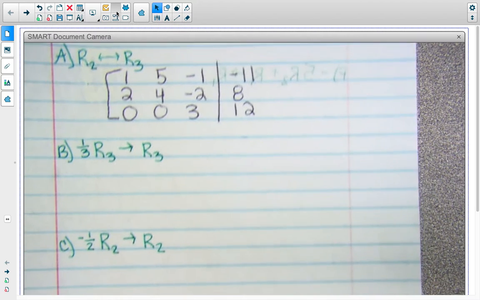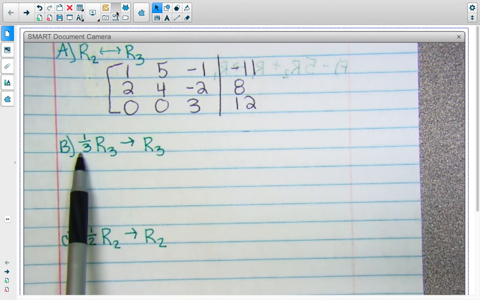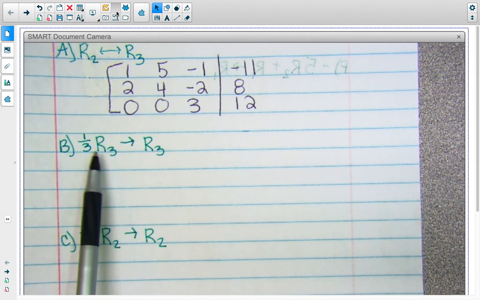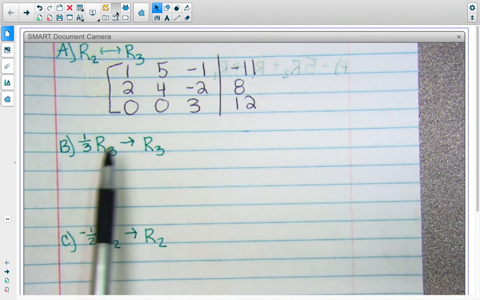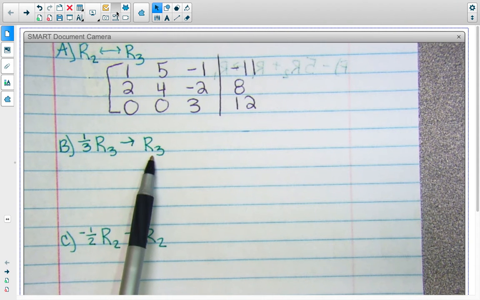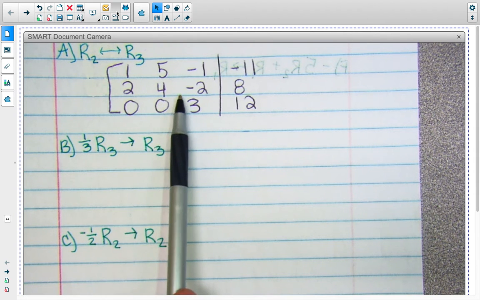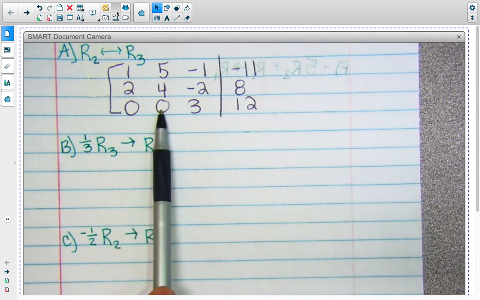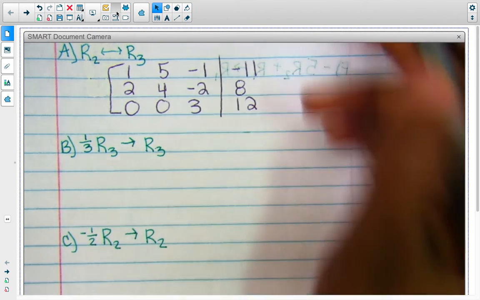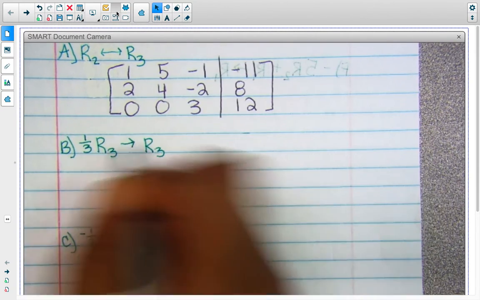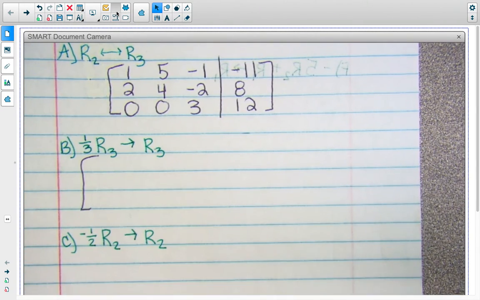All right, part B. Part B says to multiply 1/3 times row 3 and then place your final answers in row 3. So this means we're going to take our row 3, because we're using the previous one, and we're going to multiply all of these numbers by 1/3. So we are doing nothing with row 1 and row 2.